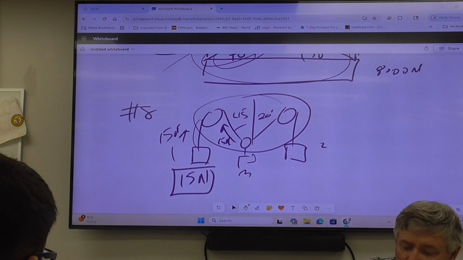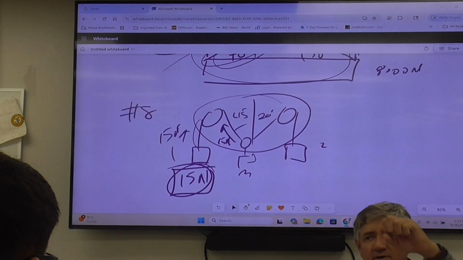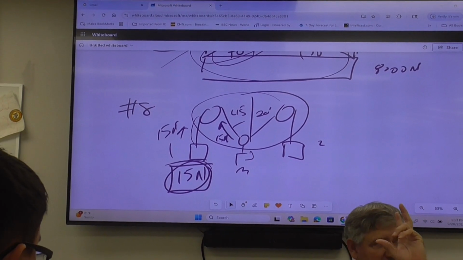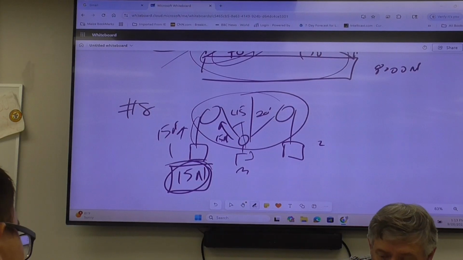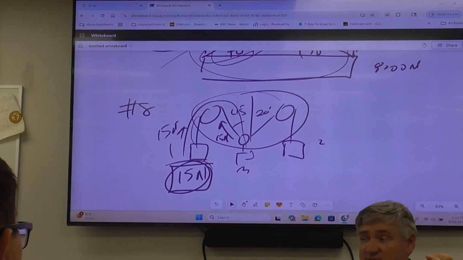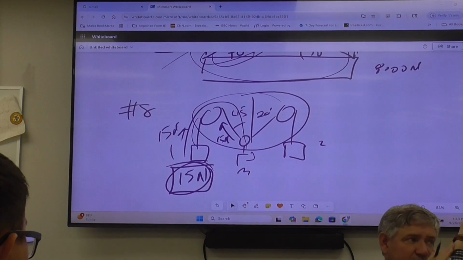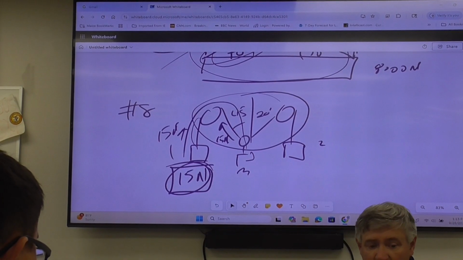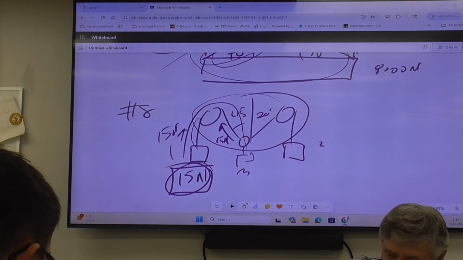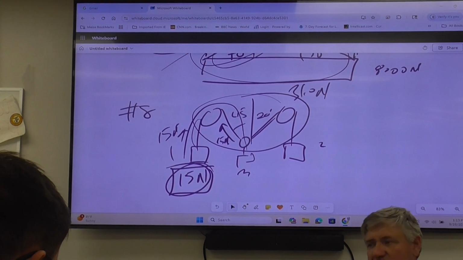I need to generate 15 newtons of force. Either I can hook up a Newton scale and tie that and have the Newton scale read 15, or I can take a rope and a pulley and extend a 15 Newton force from the end of the string. No matter what, I'm generating 15 Newton force that's representing that hypotenuse. On the other side, that other one weighs 31 newtons, which means that hypotenuse is 31 newtons.